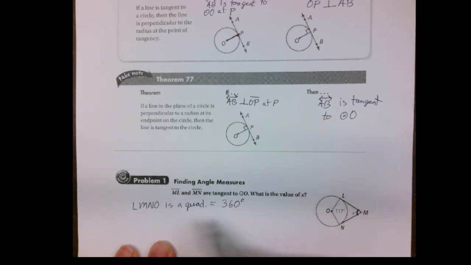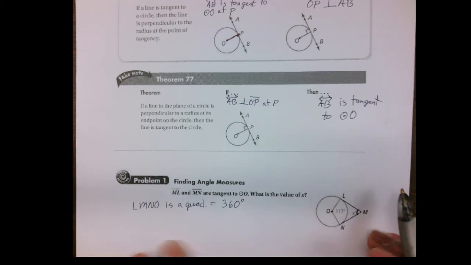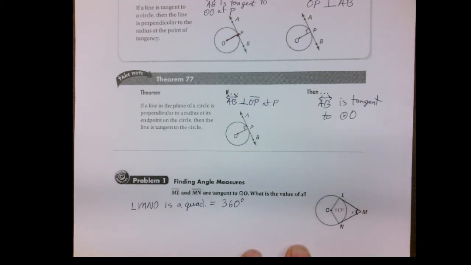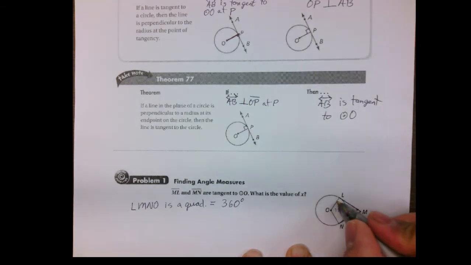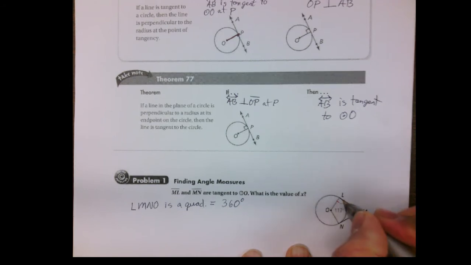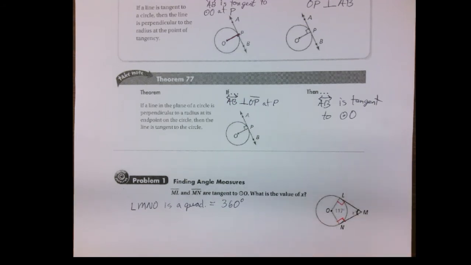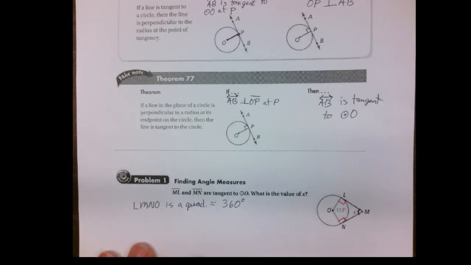We also know that ML and MN are tangents, and we've got these radii, OL and ON. So what must be the case based on the theorems we were just talking about, especially this first theorem? We've got some right angles here. So that's really nice. It's like they're handing us the answer, because now it's just some basic arithmetic, some basic algebra. So let's just add all of these up.